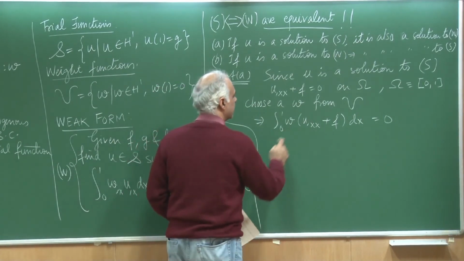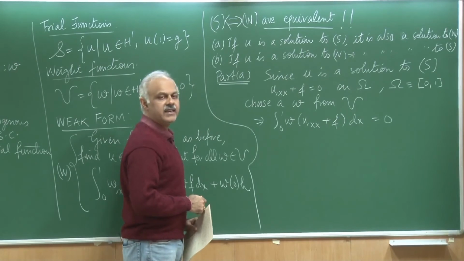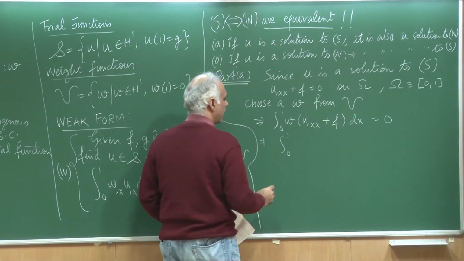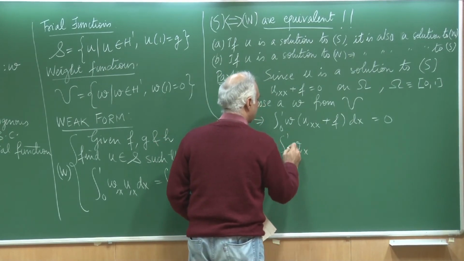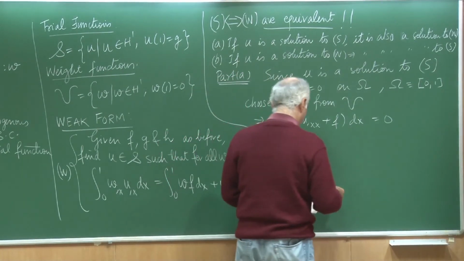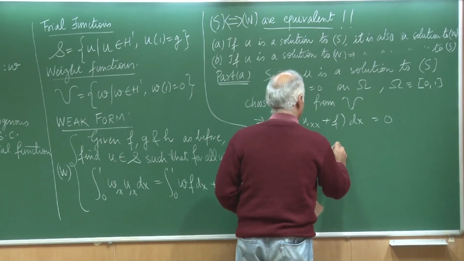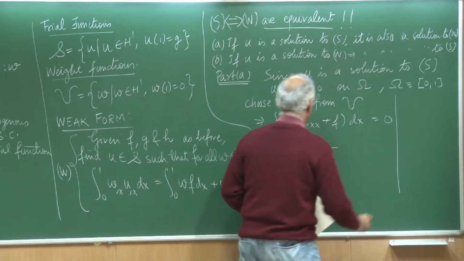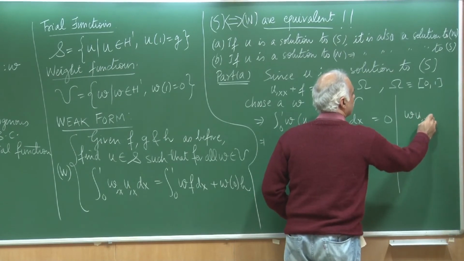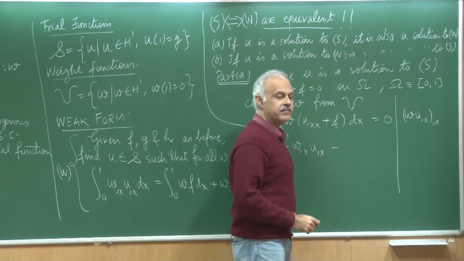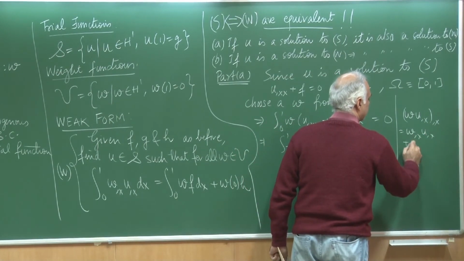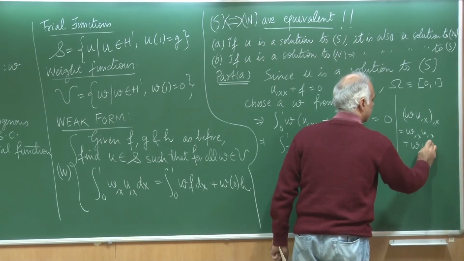Now, I take the first term and integrate it by parts. So, let us look at the integration by parts. If I do W U comma x, its derivative is W comma x U comma x plus W times U comma xx.